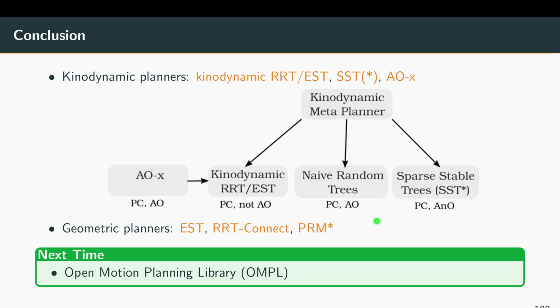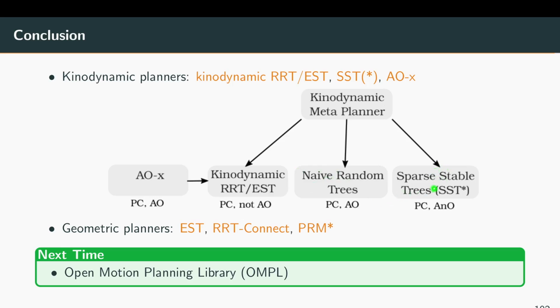RRT, SST, and AOX. We also learned about these naive random trees, but they're kind of impractical, even though they're nice. And so the properties were basically that kinodynamic RRT is probabilistically complete, but not asymptotically optimal. Naive random trees were PC and AO, but they're kind of too slow.